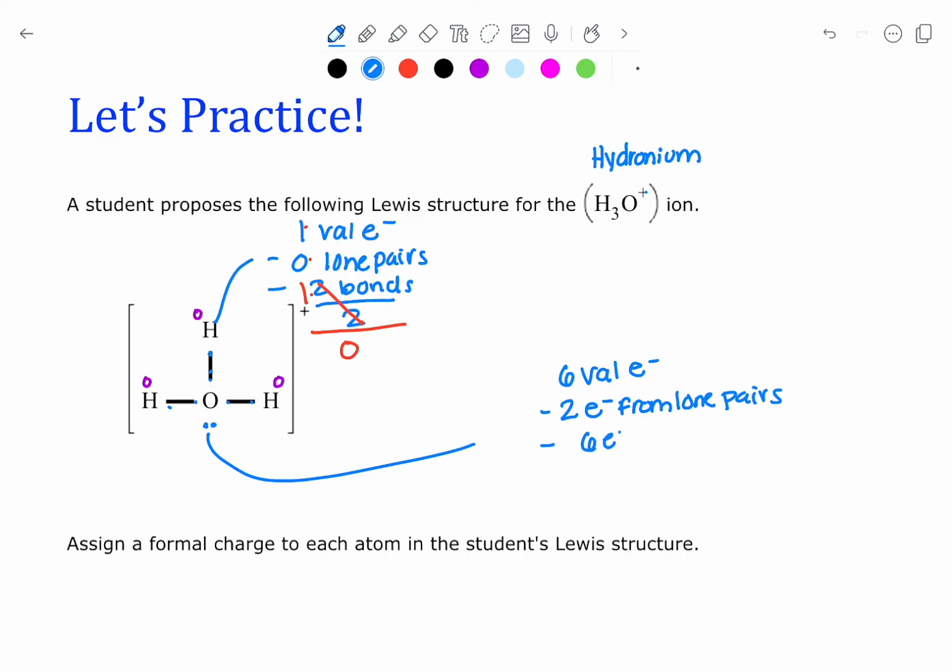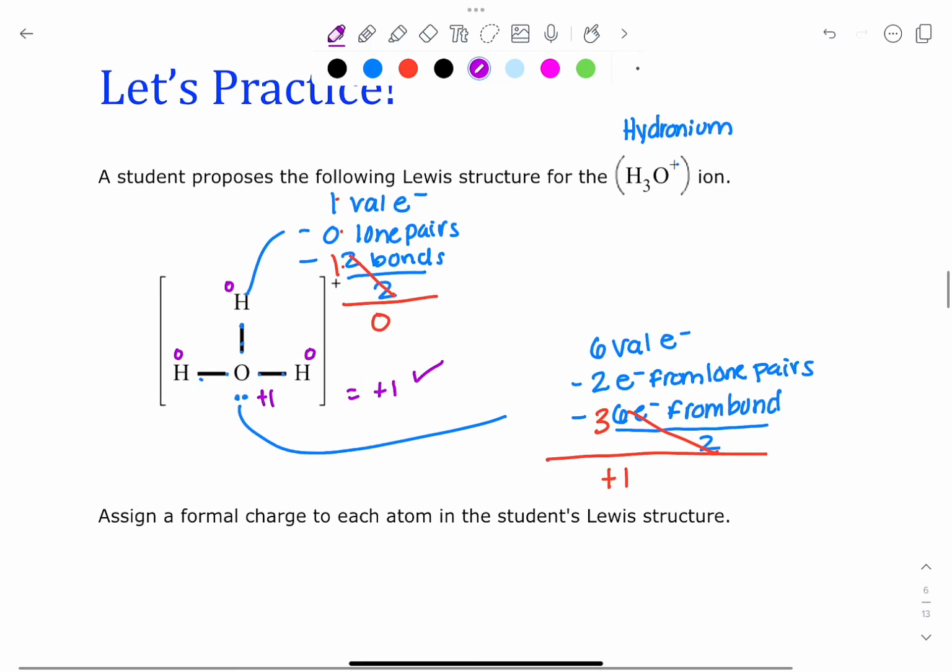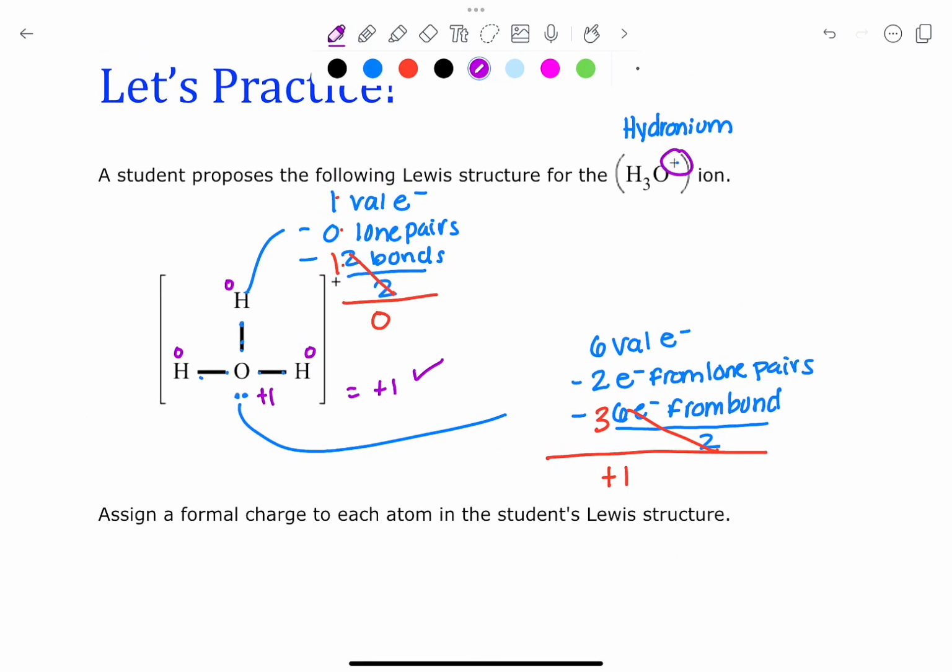So 6 electrons from bonds, which we divide by 2 because they're being shared. And 6 divided by 2 simplifies to 3. So our overall formal charge for that oxygen is 6 minus 2 minus 3, so 6 minus 5, which equals +1. So the formal charge on this oxygen is +1. If we add up all of our formal charges, +1 plus 0 plus 0 plus 0, that equals +1, which matches the charge of our ion.